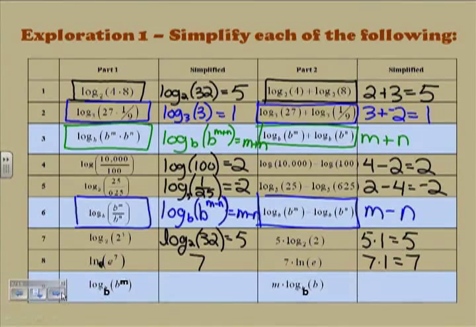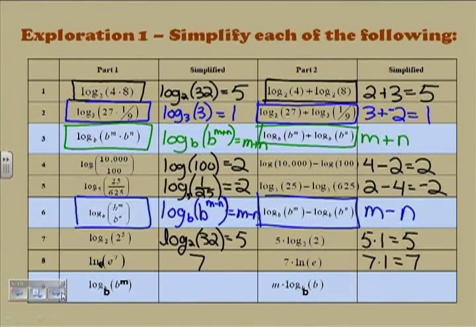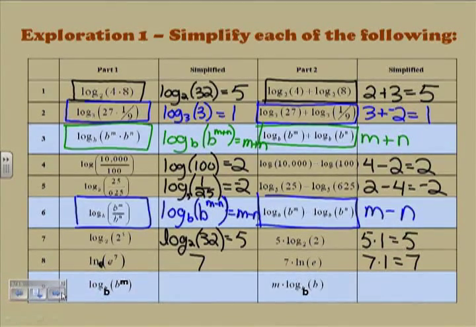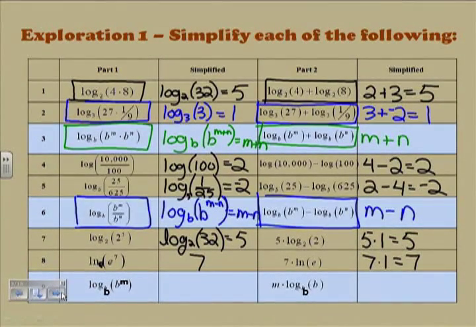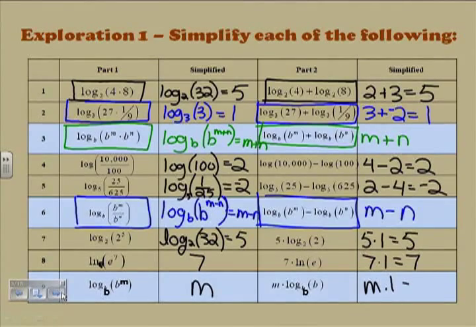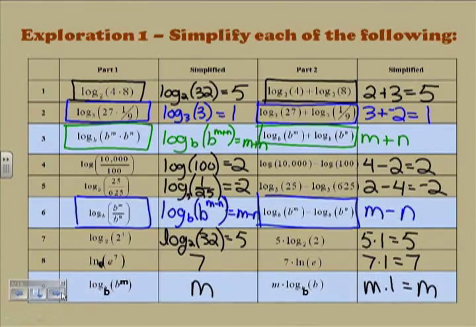And in this case, it's saying log base b of b to the m. To what power do you raise b to get this? Well, you're looking at it, it's m. And over here, I have m times log base b of b, which is 1, and I get m.